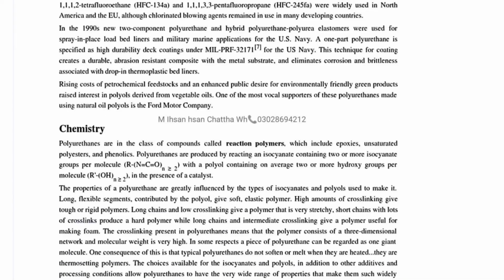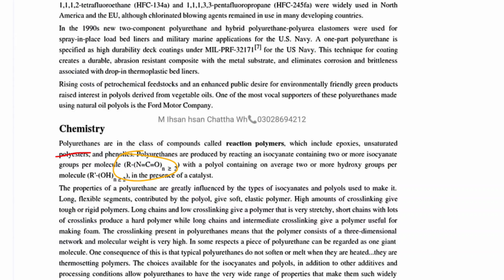Students, now we discuss the chemical reaction that takes place in the formation of polyurethane. Polyurethanes are a class of compounds which include epoxide, unsaturated polyester, phenolic, and polyurethane, produced by reacting isocyanate containing two or more isocyanate groups per molecule, as the structure given here.